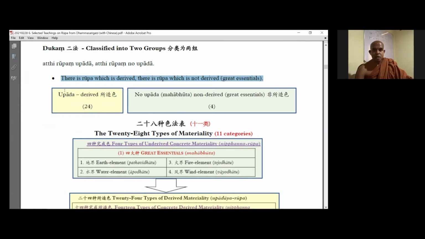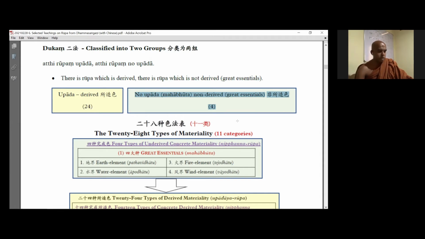Upada Rupa, there are 24, and not Upada means 4 Mahabhuta, there are 4. Now, what are the 4 great essentials Rupa?